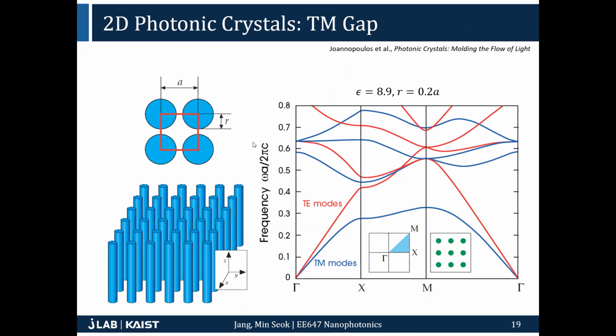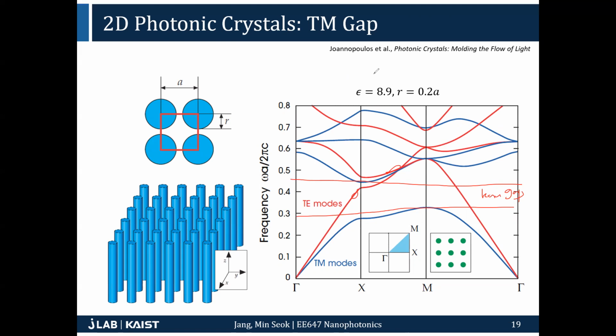If you draw the dispersion relation of the dielectric cylinders, you can see the TM mode, the blue curve, has a band gap right here, whereas the TE mode has no band gap. So that's one thing you can notice immediately.